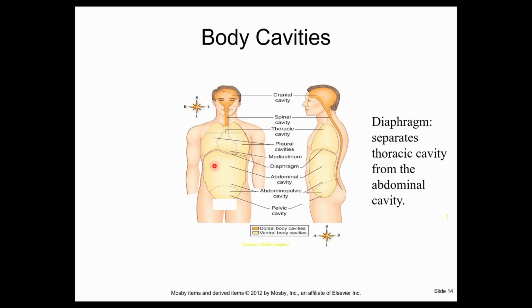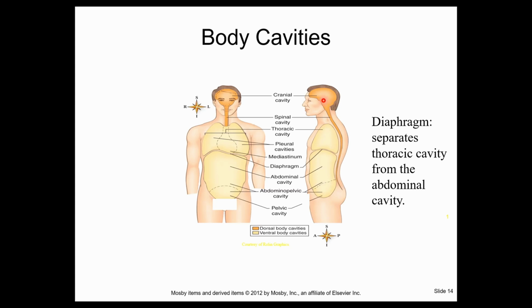And here is the abdominopelvic cavity. There's the abdominal area here and the pelvic cavity, so you have the abdominopelvic cavity. Of course, the diaphragm is the one that separates these 2 cavities. And the second largest cavity is the dorsal cavity.